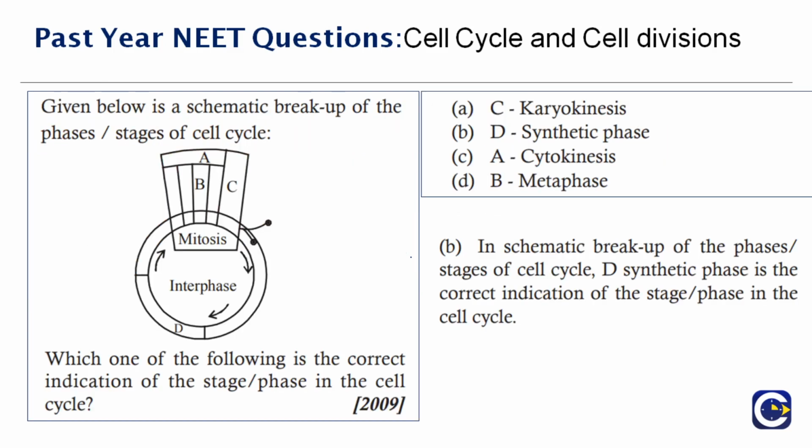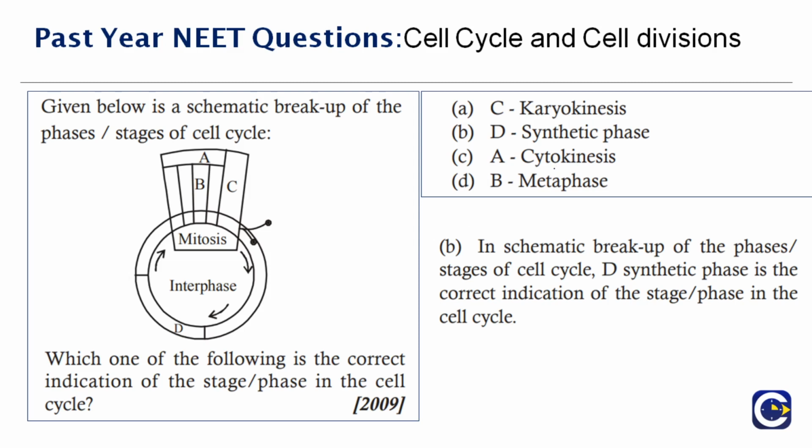Now moving on to the next question. Look at this question. You have a diagram here. Given below is a systematic breakup of the phases, stages of the cycle. So you have the alphabet and the function they represent. Now if you see, A they have mentioned is cytokinesis, B metaphase, D synthetic phase, C karyokinesis.